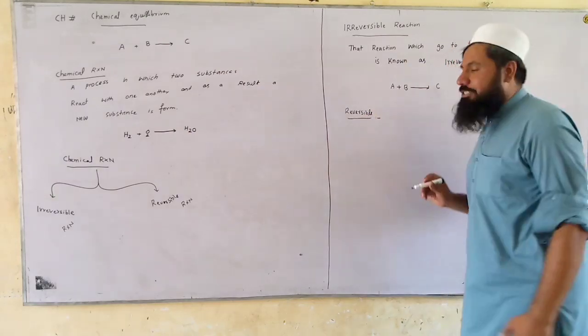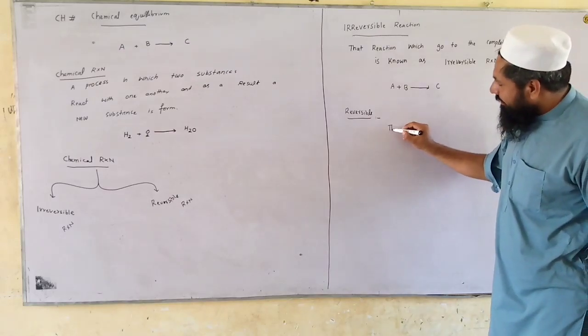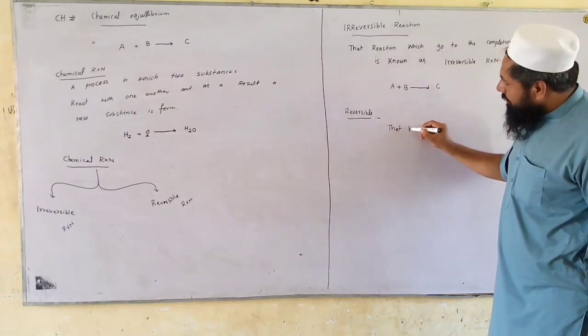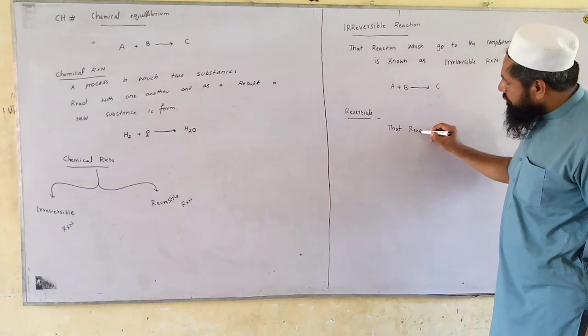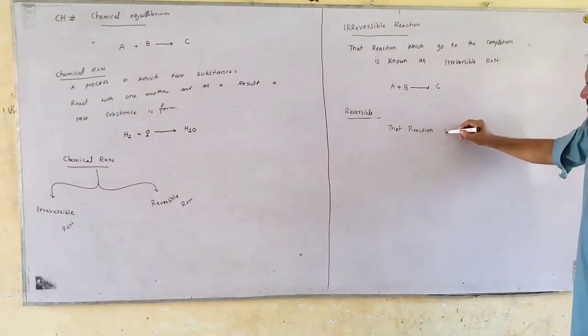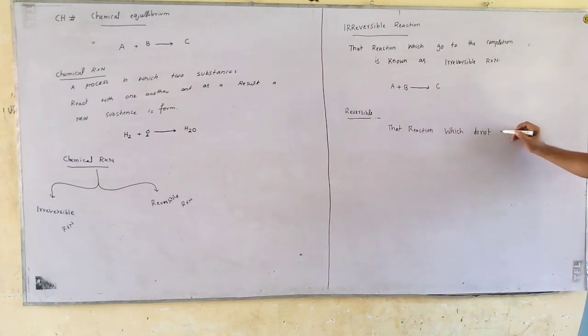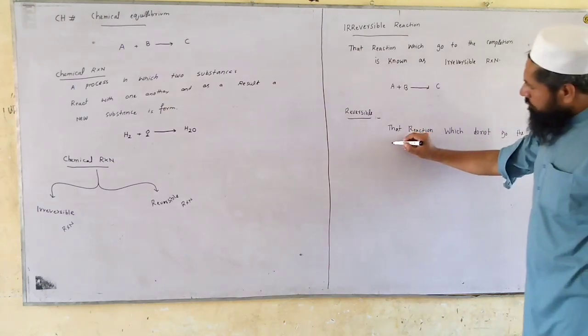What is a reversible reaction? That reaction which does not go to completion. Why?